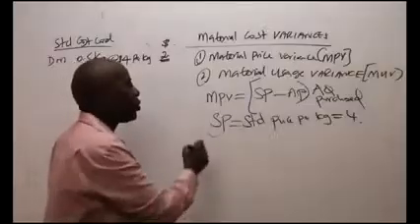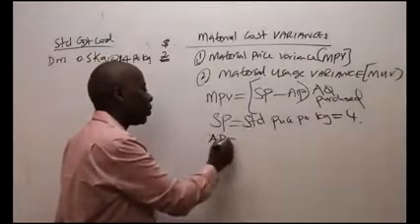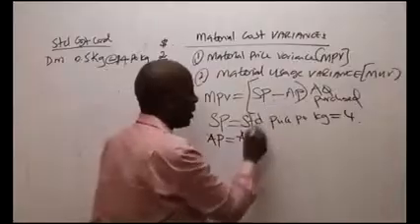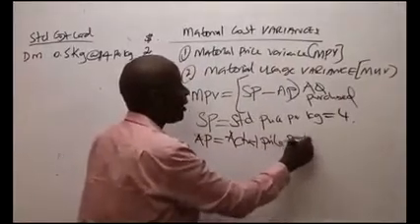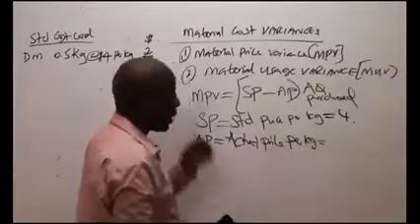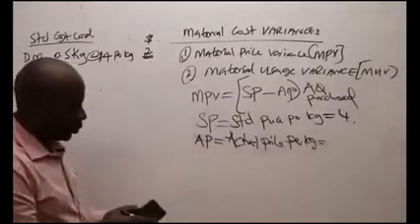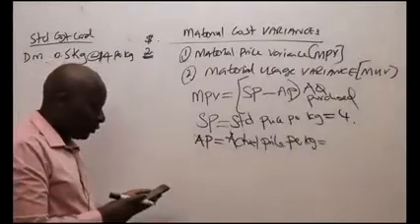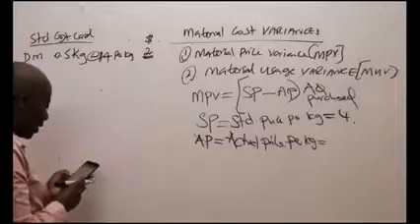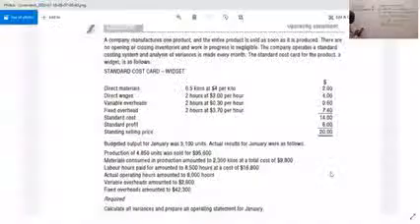Then go straight away to the actual information and pick for us the AP, which is the actual price per kilogram. If you look at the pinned question, go to the actual information given after the standard cost card table.